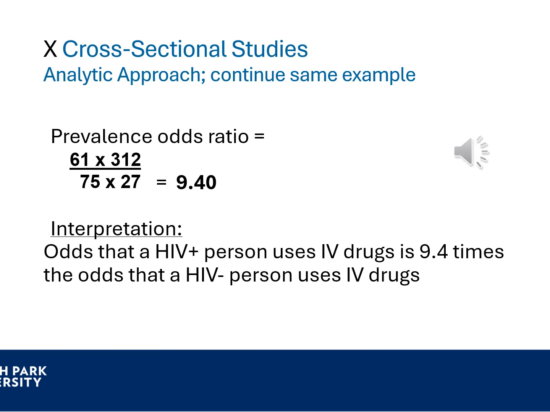This slide just works out the number, and the interpretation, again, is carefully read, and that's the odds that an HIV positive person uses IV drugs is 9.4 times the odds that an HIV negative person uses IV drugs. What, again, we are avoiding is making any stronger statement that would suggest that there's a causative relationship between drug use and HIV status.